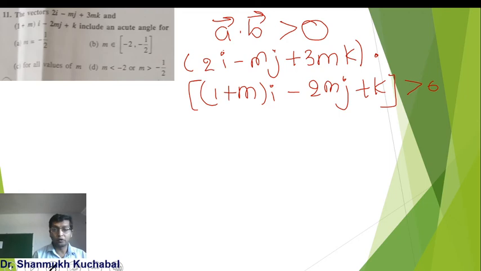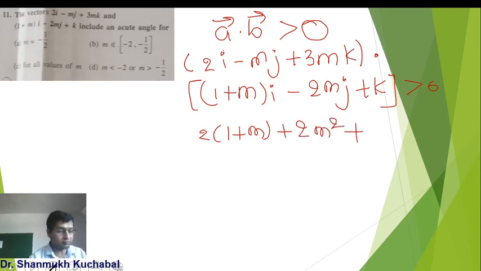For the dot product, as you already know, the i coefficient is multiplied by the i coefficient, so 2 into (1 plus m). The j coefficients are multiplied, so we get minus 2m square. The k coefficients are multiplied, and we get 3m, which is greater than 0.